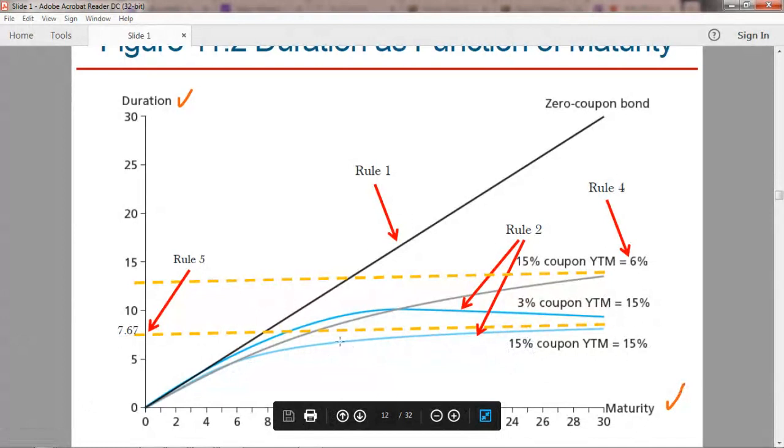The duration next to that falls below 10 years. It's a 30-year bond, but the duration is below 10 years. The coupon is low, but the yield to maturity is high.